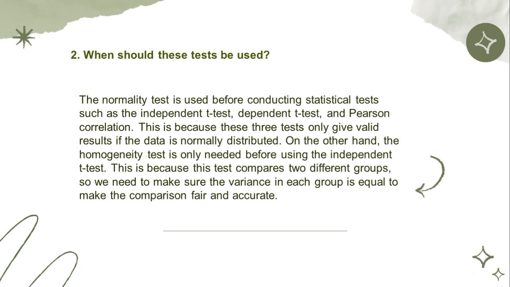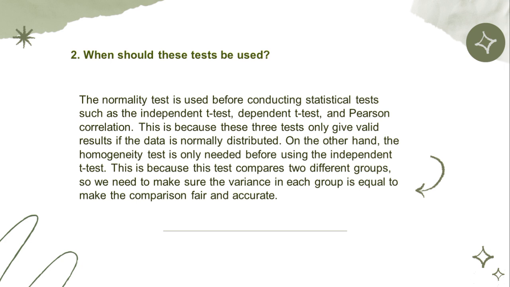When should these tests be used? The normality test is used before conducting statistical tests such as the independent t-test, dependent t-test, and Pearson correlation. This is because these three tests only give valid results if the data is normally distributed.